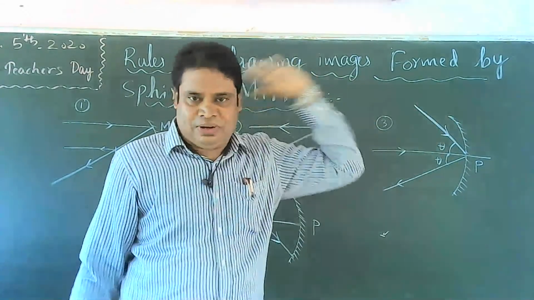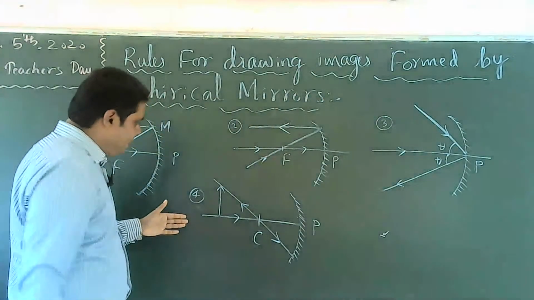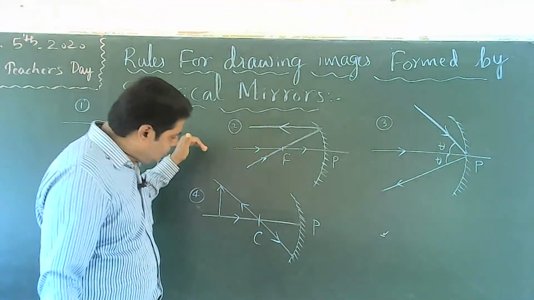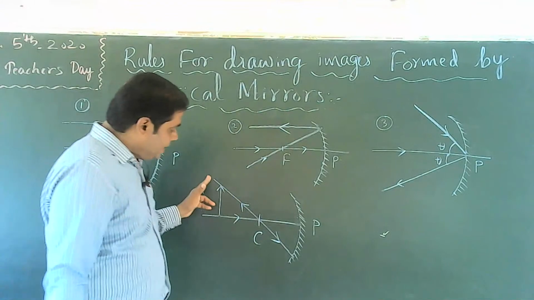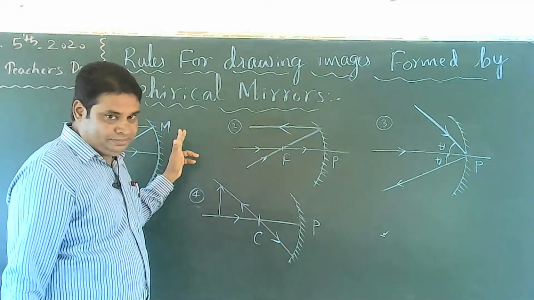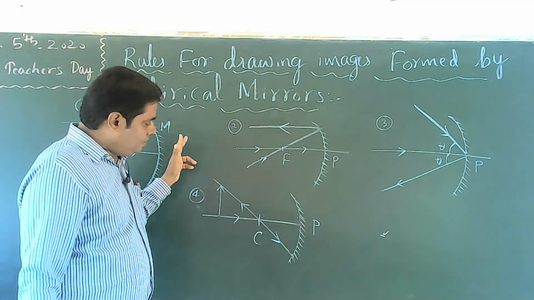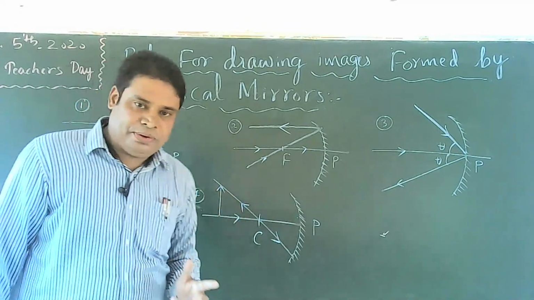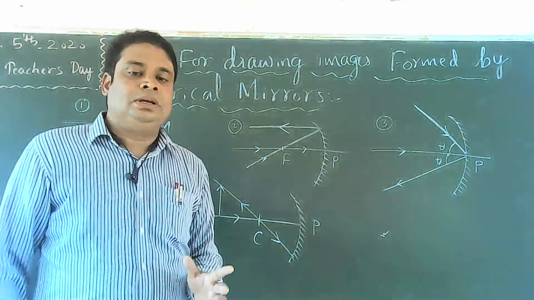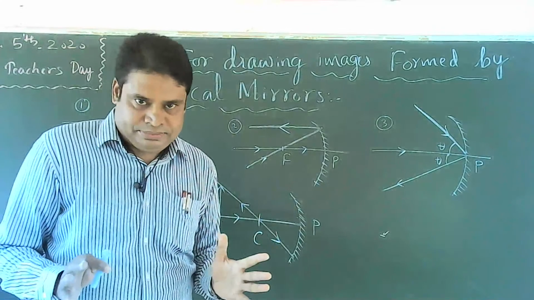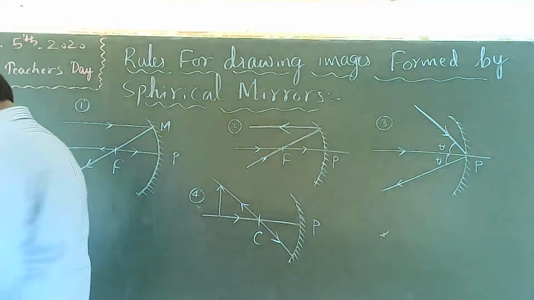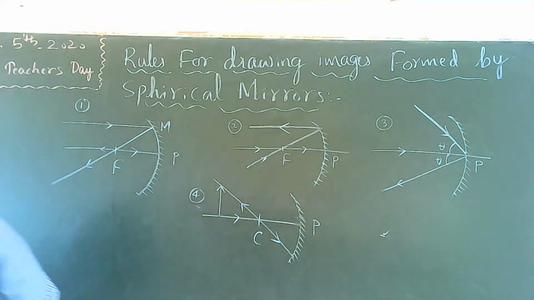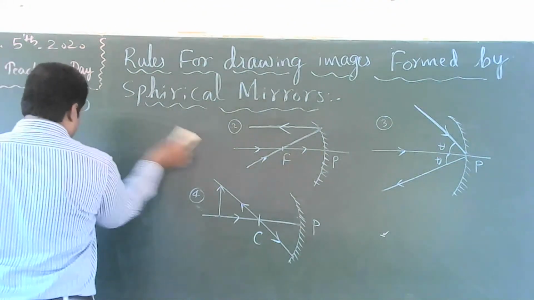Wherever it falls, the laws of reflection are followed. And the fourth one is, if a ray of light is moving through C, then it will retrace this path. A minimum of 2 rays you have to consider while drawing an image. Okay, this is one thing. Hope you understand.